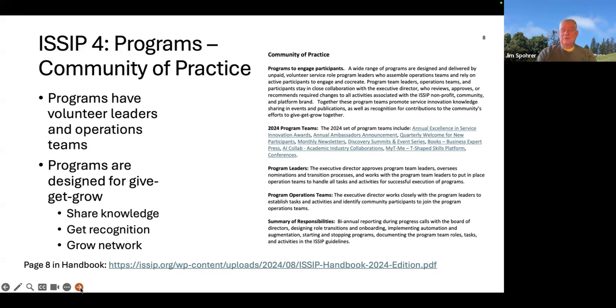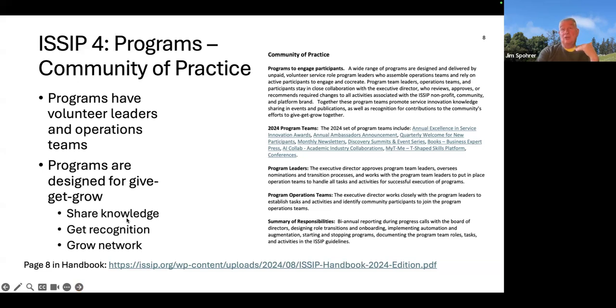Now, this is the fun part, I guess. ISSIP has programs for the community of practice, and all of the programs have a volunteer leader, and they have volunteer operation teams that help the programs go. And the programs are all designed for give, get, and grow: for sharing knowledge, for getting recognition, and growing your network. And I should mention the programs, like let's say you're a student. So you might say, well, I'm a student. I don't have a huge amount of experience and knowledge to share yet.